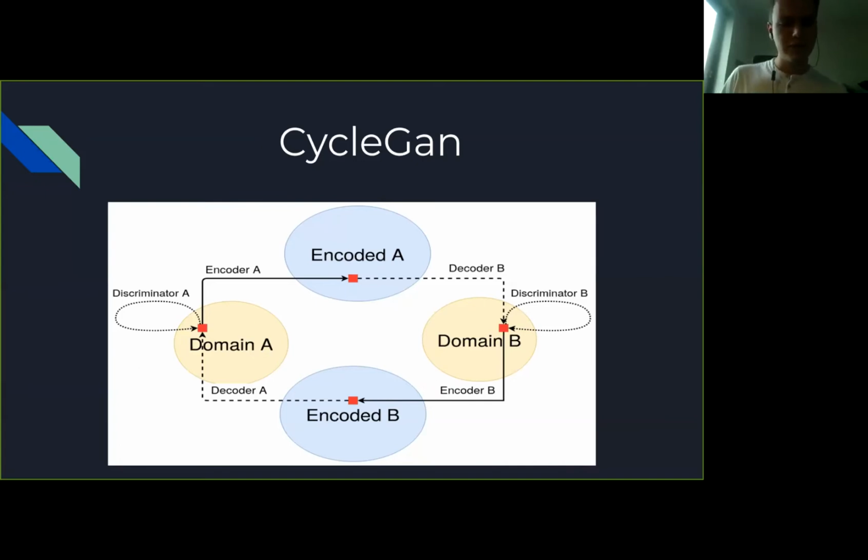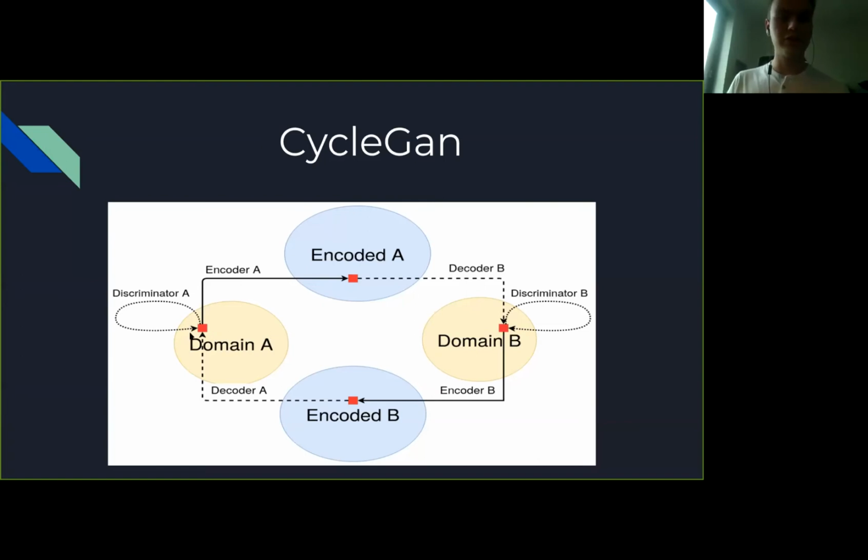And the encoder and the decoder are variational autoencoders. That's an important note, I think.